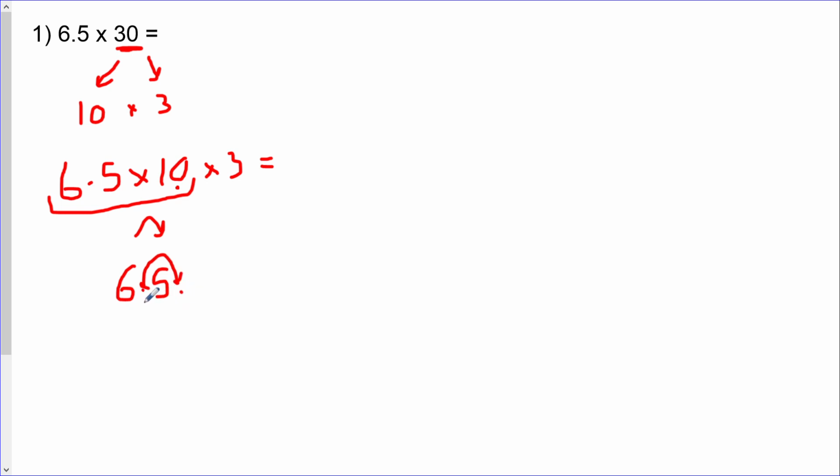We can cross out, get rid of our old decimal point, and we write our answer underneath. At this point we have done 6.5 multiplied by 10, and we have got our answer of 65.